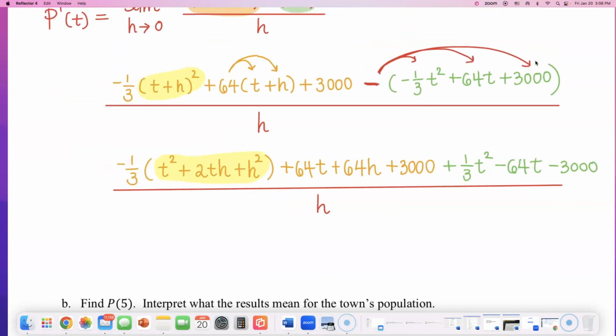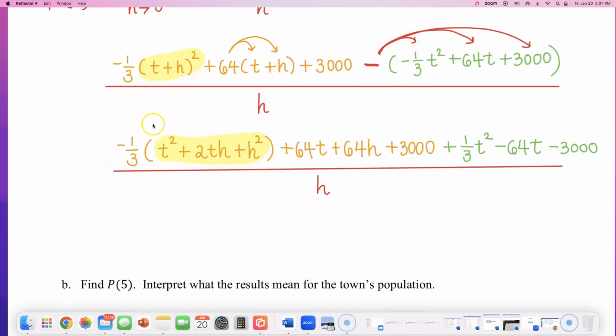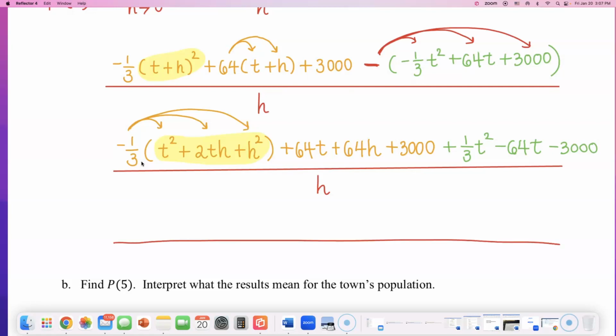All right. I need to distribute this negative 1/3 that is in front of this highlighted trinomial. That is going to give me negative 1/3 t squared.